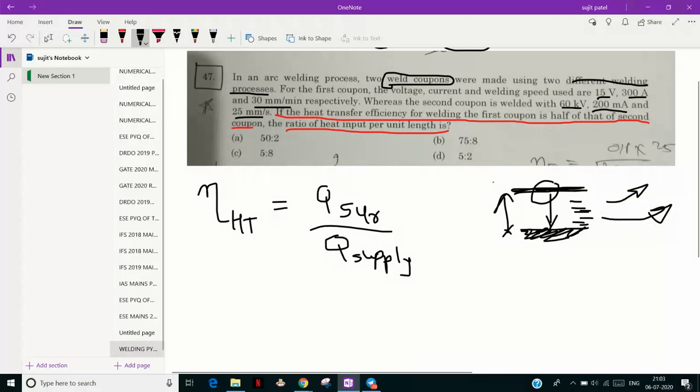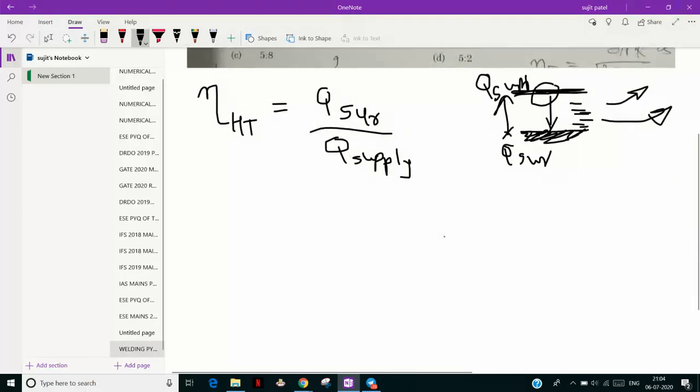So how much heat we are supplying is q supply, and how much reaches the surface gives the heat transfer ratio.